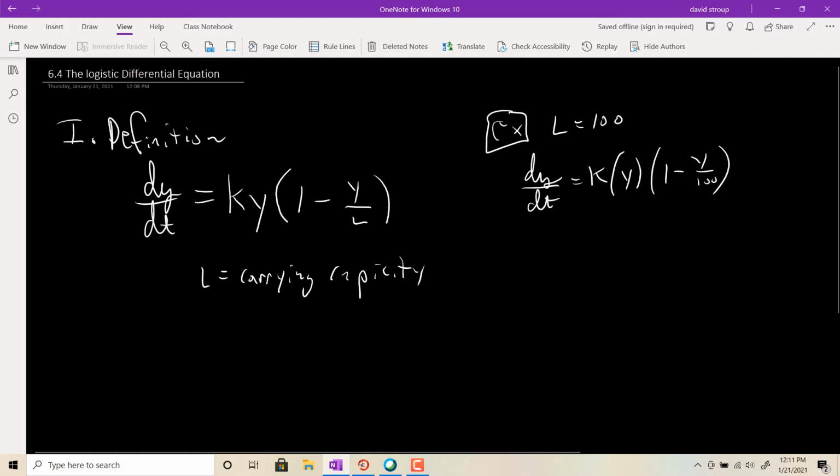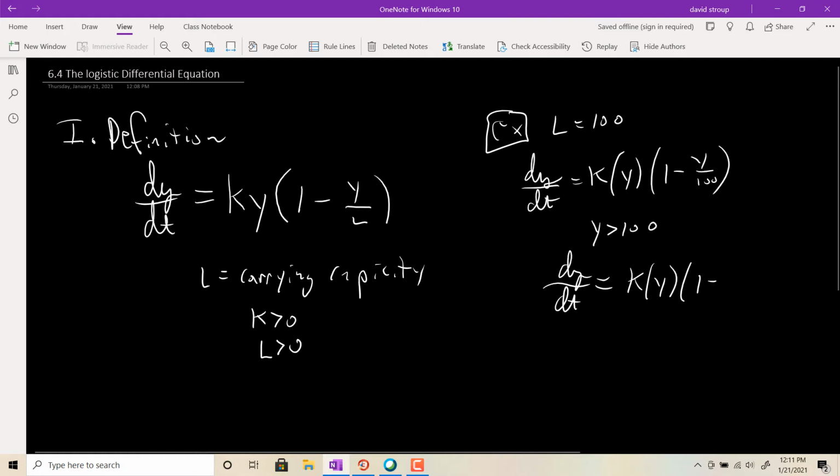When the population is greater than 100, so when y goes over 100, the differential equation will, assuming k is positive, k is greater than 0, L is also greater than 0, give a rate of growth that's negative, right?